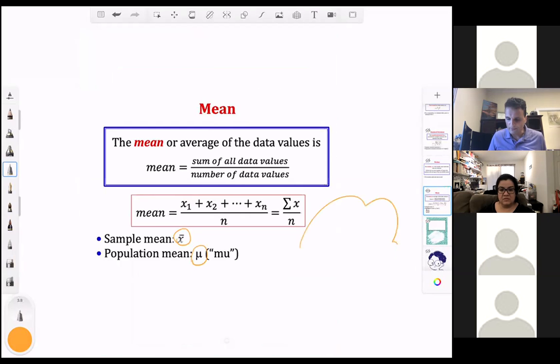We talked about the population and a small sample. We're not able to calculate the entire population, but we get the sample. We apply statistics to get some information about the population. So anytime you see mu, that means mu is for the population, X bar is for the sample. You already know about the sigma. Sigma means just adding.